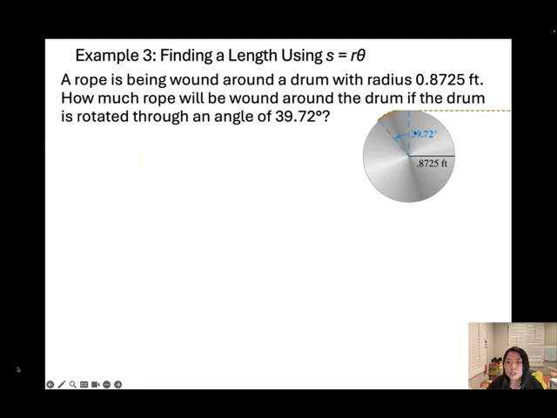Look at this picture here. We have a rope, and then we have the radius, and it creates the central angle, that's 39.72 degrees.